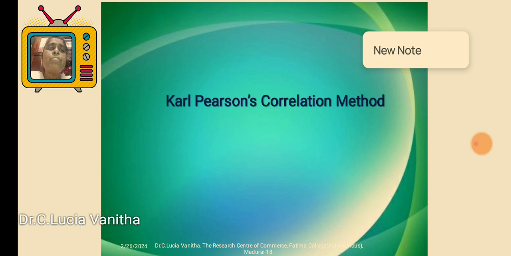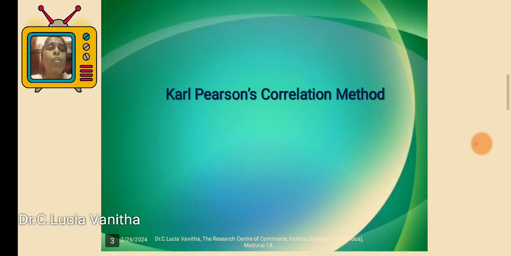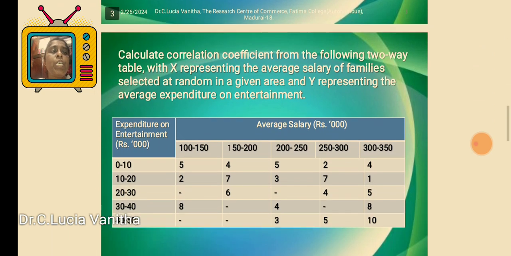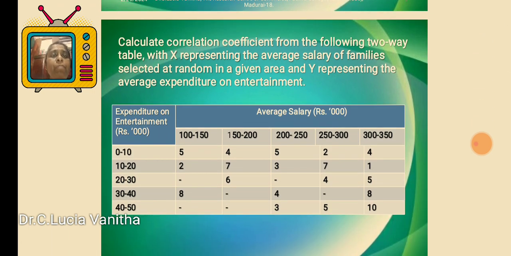Now, Karl Pearson's correlation method has a direct method and others. We are going to see the Karl Pearson method for grouped data. Here in this problem, grouped data is given.